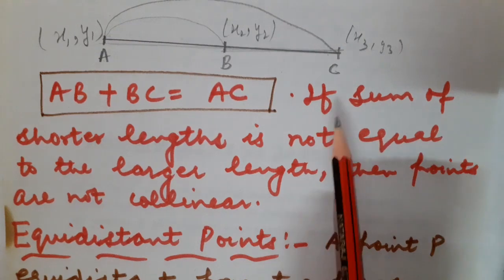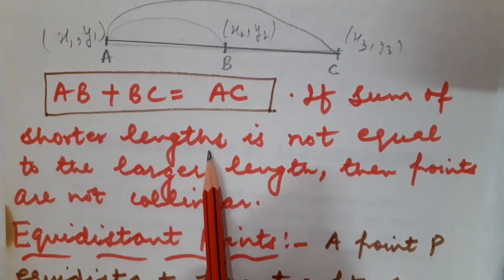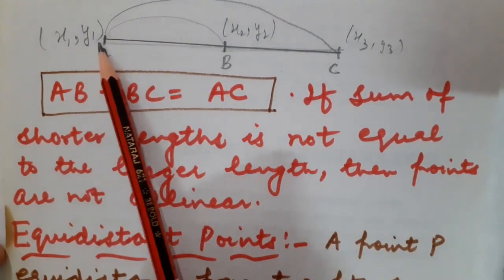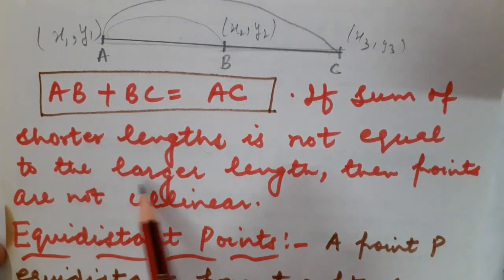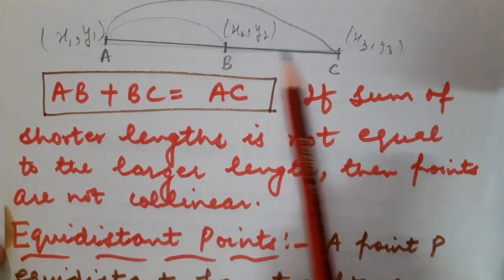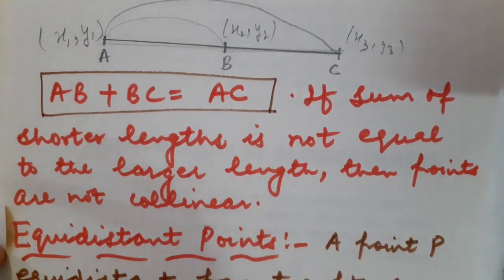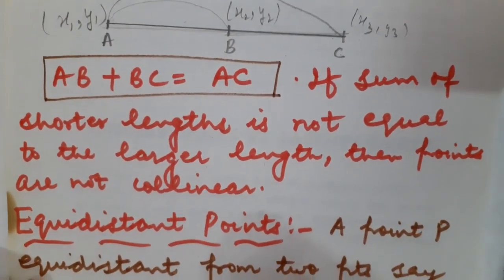Fine. If the sum of the shorter lengths, what are the shorter lengths, children? AB and BC. This is not equal to the larger length, meaning the complete AC. If it is not equal, then the points are not collinear.